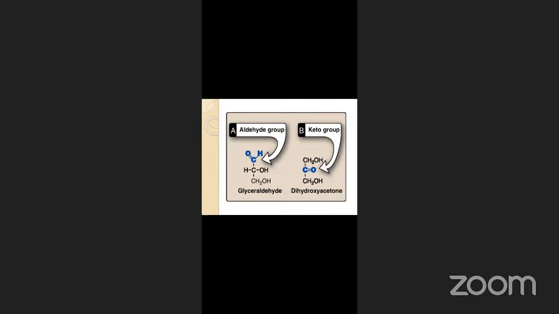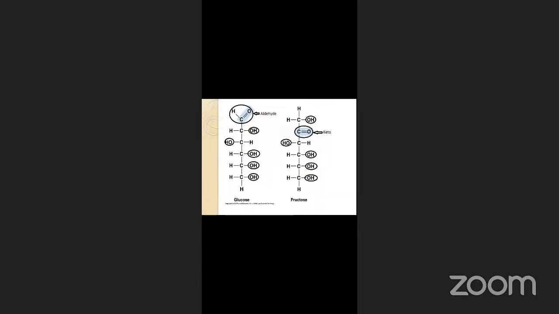The same thing here. Glucose is 6 carbon, and fructose is also 6 carbon. Other than that functional group, all the other factors are the same. If you see, the formula is also the same. Can you just count it? How many carbons are there in glucose? 1, 2, 3, 4, 5, 6.